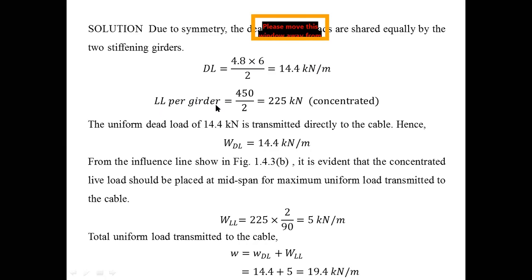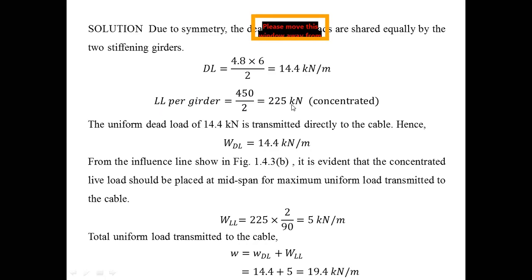And the live load for the girder, we also calculate per girder. So what is the live load? 450 kN, that is also divided by 2. So the live load per girder is 225 kilonewton. Now this is a uniformly distributed load, and this is a concentrated load. The concentrated load will be converted into a uniformly distributed load by multiplying with the influence line diagram.